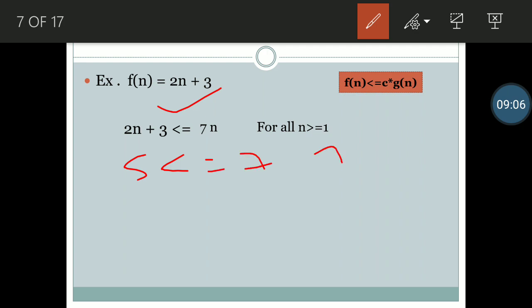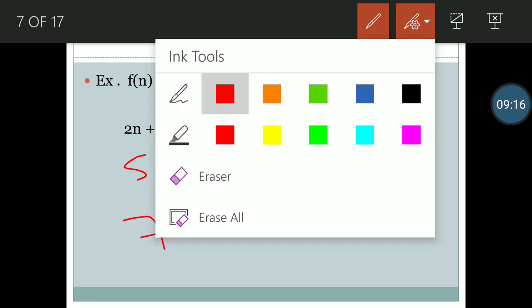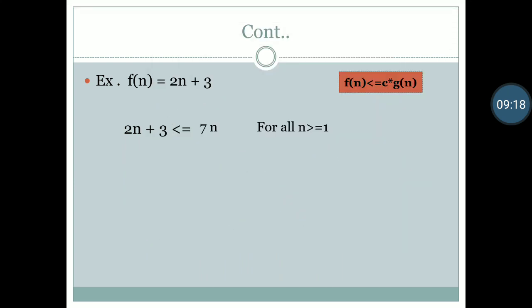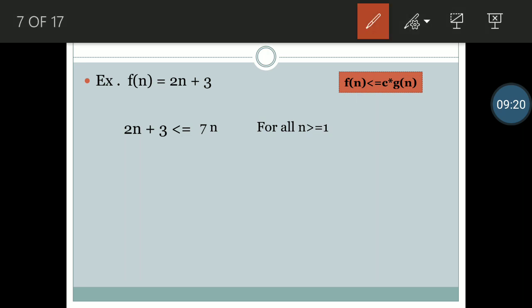If we put n equal to 2, our equation will be 7 less than or equal to 14. So it is also true. Then we can say for all n greater than or equal to 1, this statement will be true.